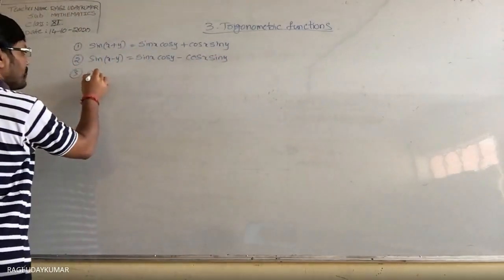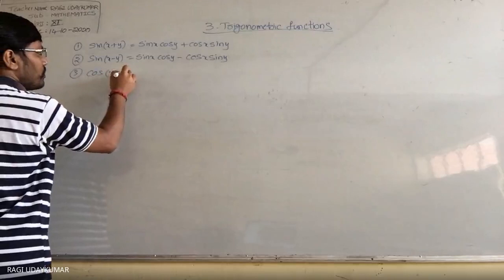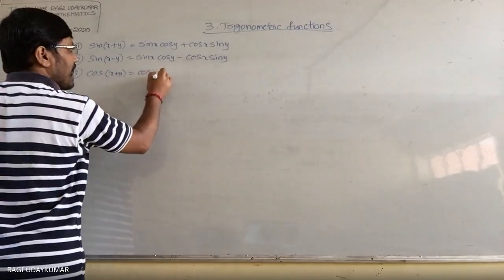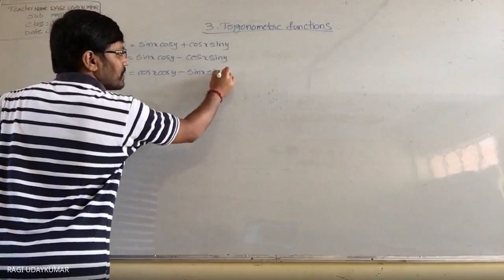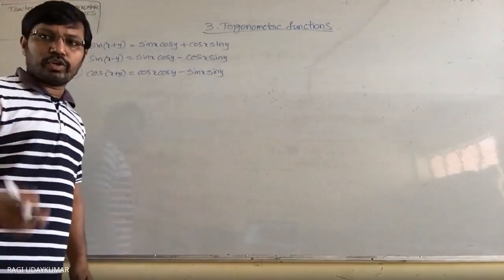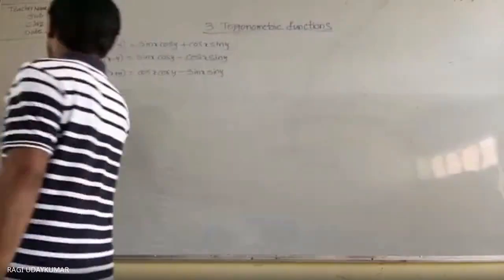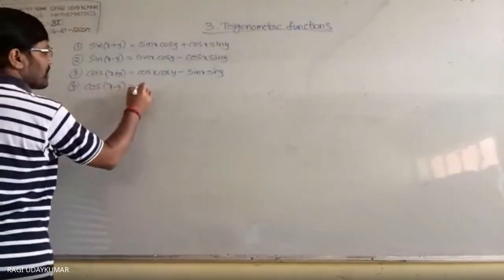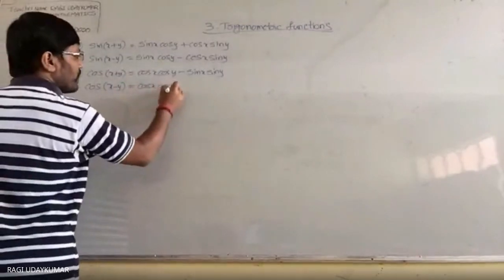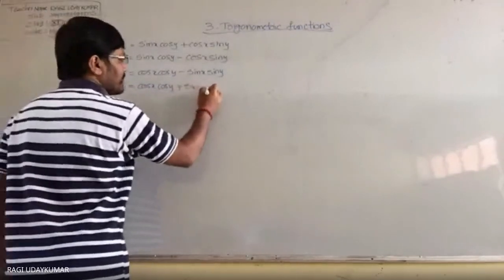Third one is cos x plus y is equal to cos x cos y minus sin x sin y. Is it audible to you? Yes, sir. Next one is cos x minus y is equal to cos x cos y plus sin x sin y.